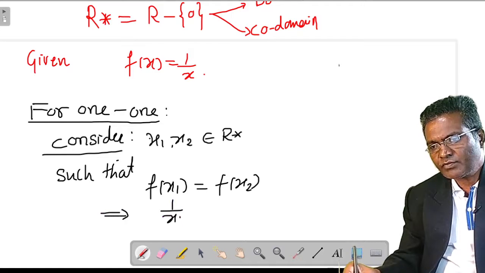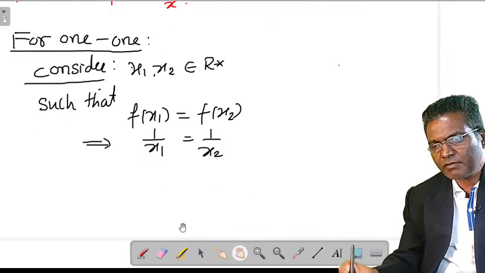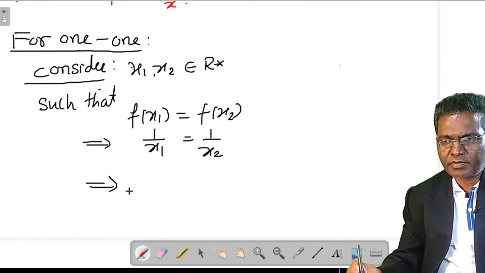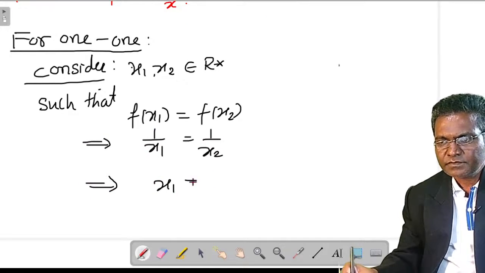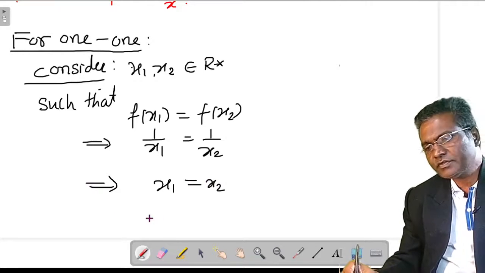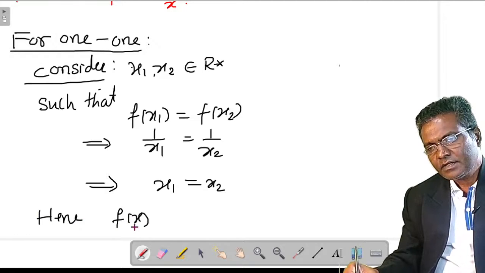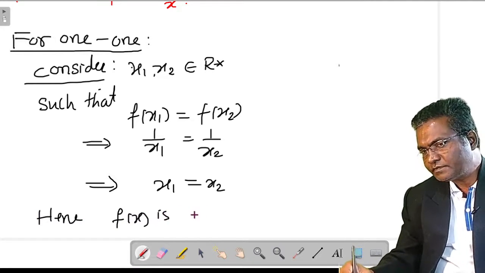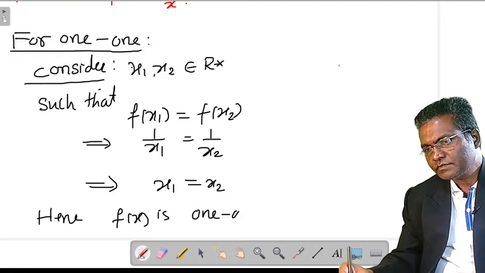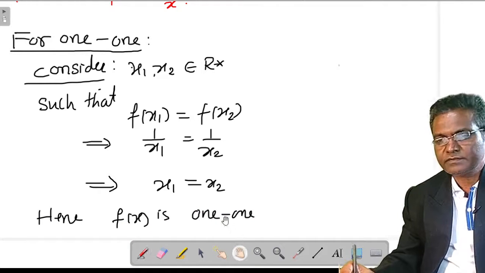So this implies 1 by x1 is equal to 1 by x2. Simple one. If you take reciprocal, this implies x1 equals to x2. So hence f of x is one-one.